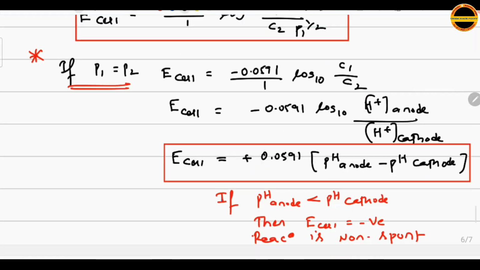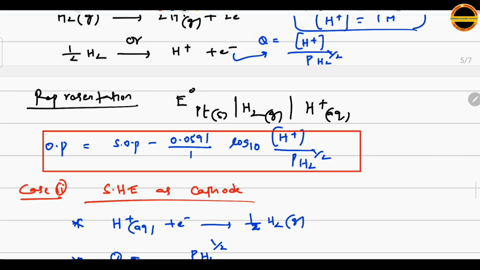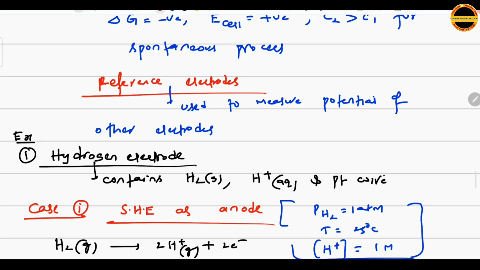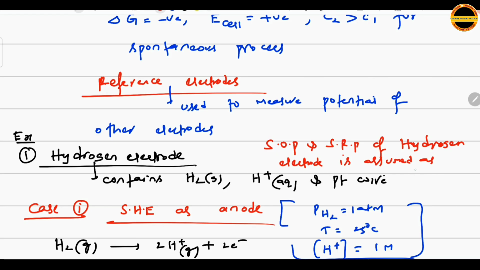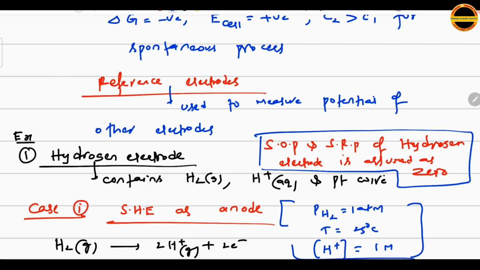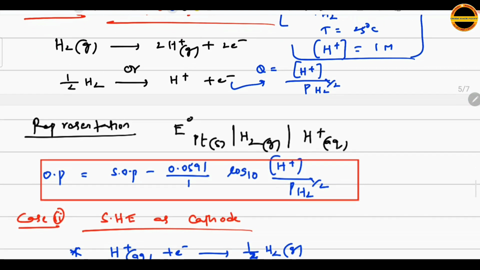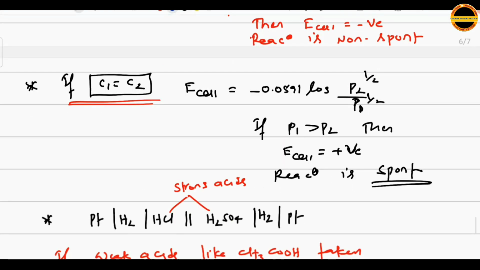Here write one important point: the SRP as well as SOP of the hydrogen electrode, as we get negligible potential from the hydrogen electrode, is assumed as 0. Based on negligible potential, overall SOP and SRP of the hydrogen electrode is assumed as 0, so directly we will consider it as 0 here.